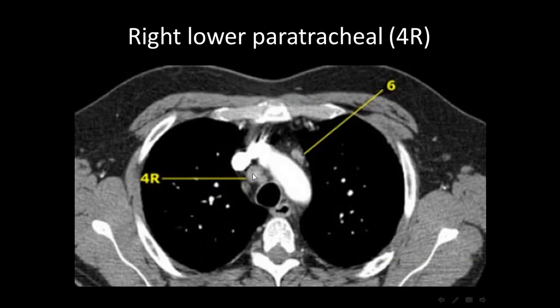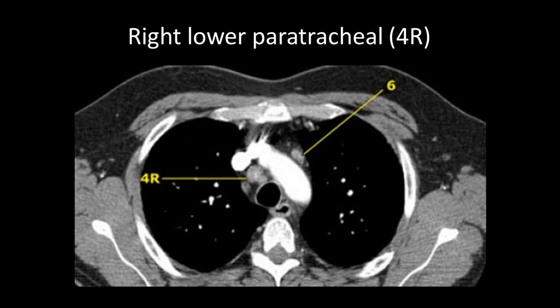Then have a look at this one. This is the trachea, right? And this is the superior vena cava. When we see the superior vena cava, it means that we are inferior to the brachiocephalic vein, right? So we are not in the upper paratracheal, we are in the lower paratracheal. This is how to differentiate between upper and lower paratracheal. If you are at the level of the brachiocephalic vein or above, then that's the upper paratracheal.